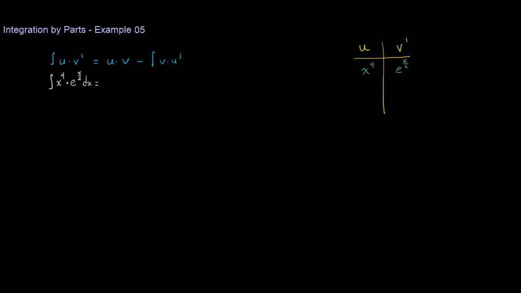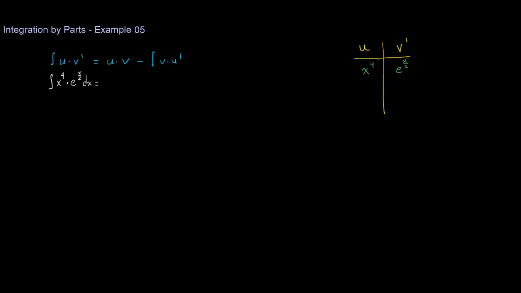Now, this tabular method has different strategies depending on the kind of integral you're trying to solve. For this kind, where you have an x, or a polynomial, multiplying some other expression like an exponential or a trigonometric, you can use the tabular method in the way I'm going to show you.